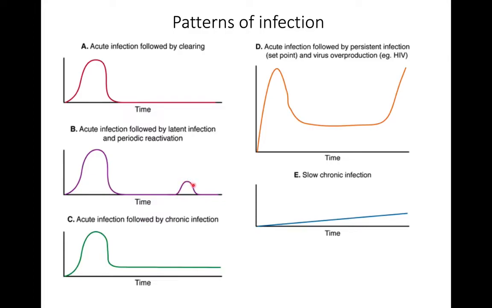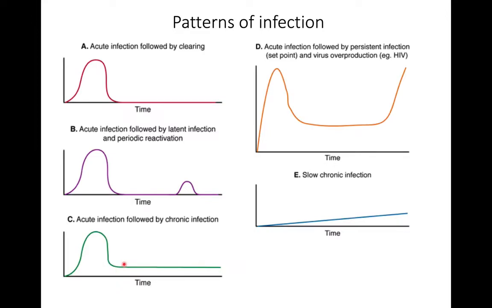And when reactivation occurs, we now see the production of virus, and that's usually associated with symptoms. So this would be like a herpes virus infection, where you get cold sores. You have your initial infection, it disappears for a while, a cold sore appears again a few months later, it disappears, a new one appears, and so on and so forth.